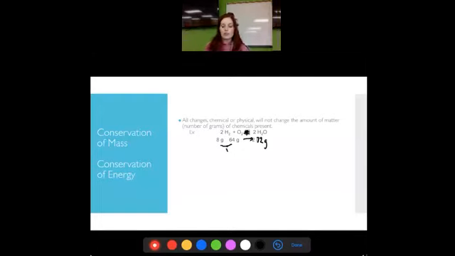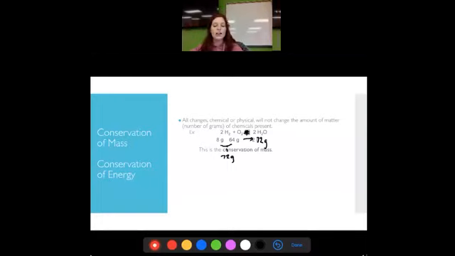When you add those two numbers together, you do get 72 grams. So you can see the total amount of matter didn't change with this chemical reaction. We started with 72 grams and we ended with 72 grams. The only thing that changed was how those grams were distributed.